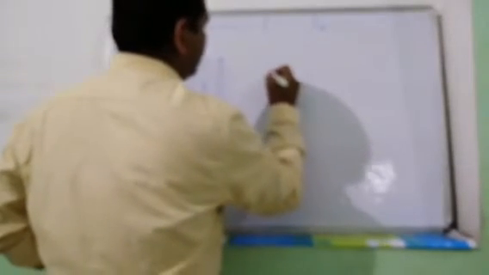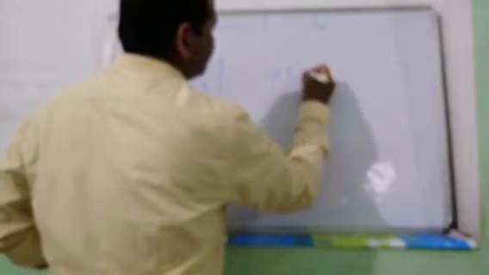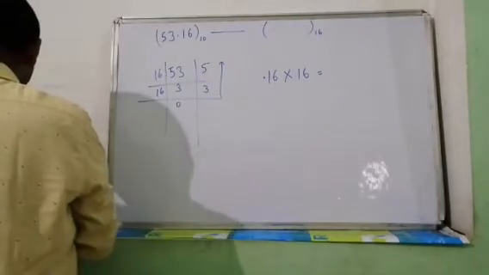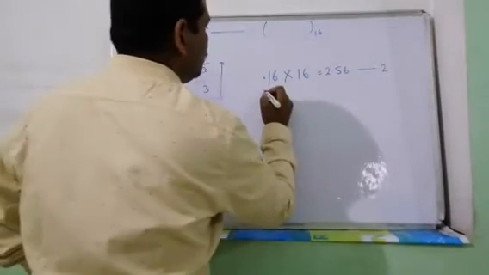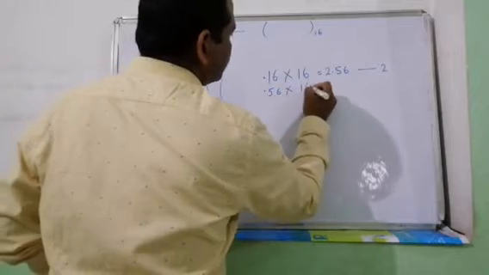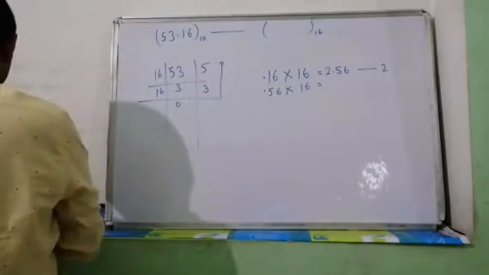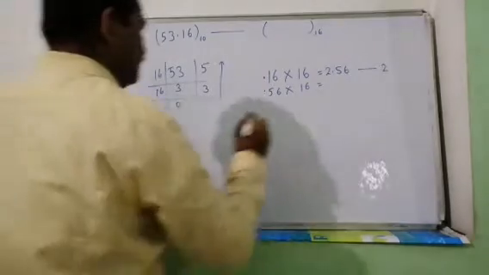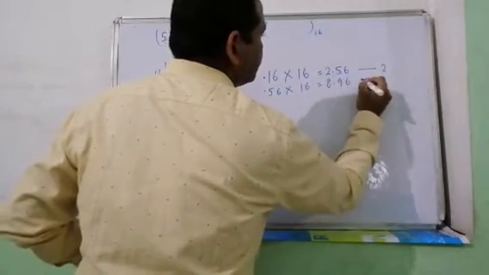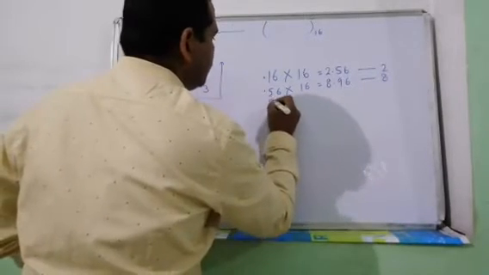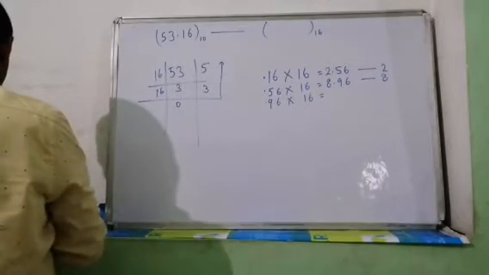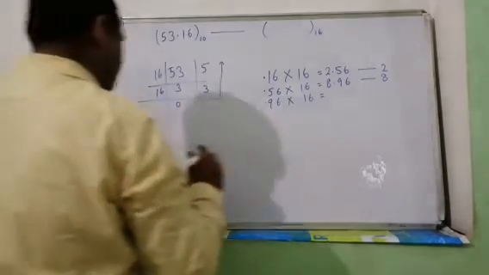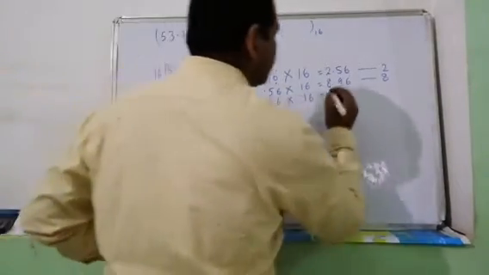Now 0.16 into 16 equals 2.56, integer part is 2. 0.56 into 16 equals 8.96. 8 is the integer part. 0.96 into 16 equals 15.36.